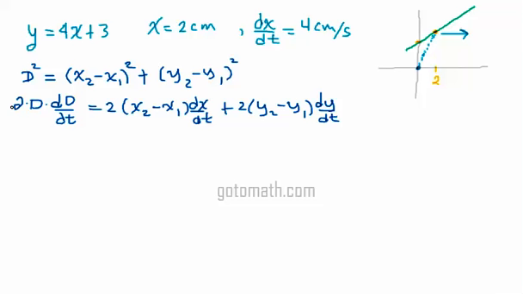Okay, so we have a 2 in each one of these, and we can multiply through by half all the way across to get rid of these 2's and get them out of the way. All right.